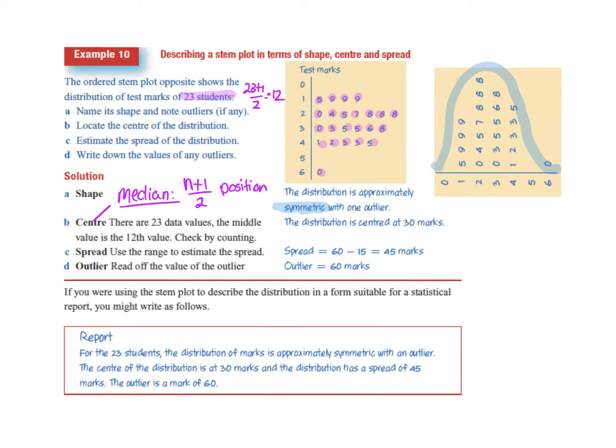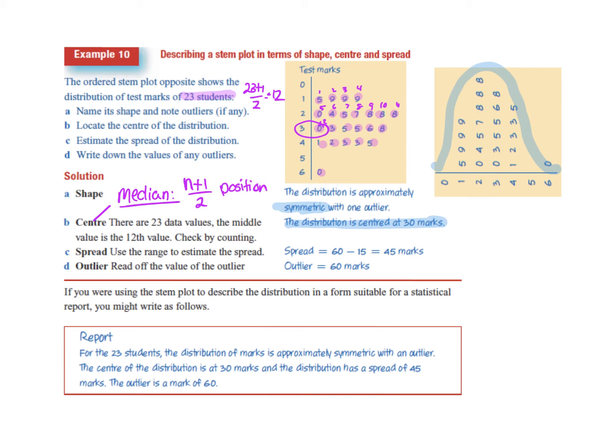If I go through them, that's 1, 2, 3, 4, 5, 6, 7, 8, 9, 10, 11, 12. So 30 is the median. They will say here that the distribution is centred at 30. They just say the median. You can say the median is 30 and you're commenting on the centre.